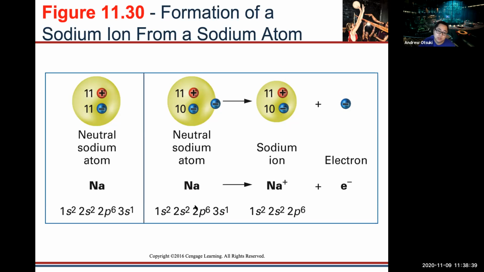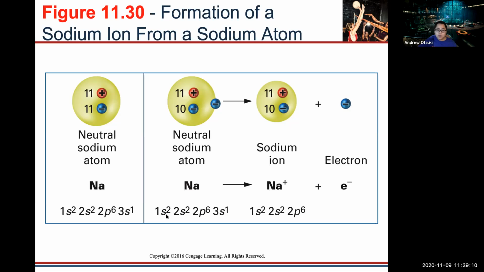So as we supply enough energy, we're going to eject that electron right here. So we have lost an electron. So now, okay, there's a typo, right? Well, there's not a typo. So there's 11 plus 10, 10 plus 1, 11 negative charges. So as we eject it, now there's an imbalance of positive and negative charge. So we have a net positive sodium ion and an electron that has been ejected.